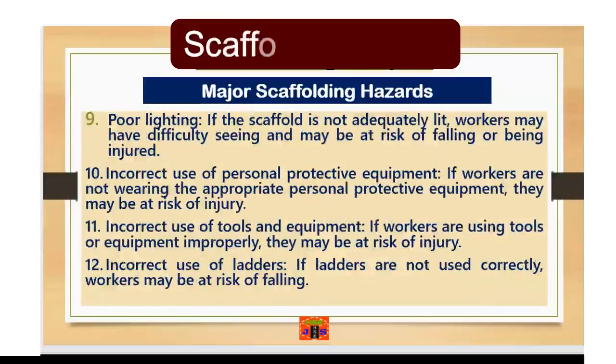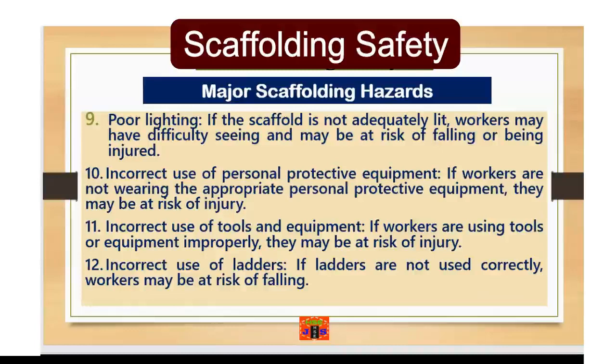Number nine, poor lighting. If the scaffold is not adequately lit, workers may have difficulty seeing and may be at risk of falling or being injured. Number 10, incorrect use of personal protective equipment. If workers are not wearing the appropriate personal protective equipment, they may be at risk of injury or fall.